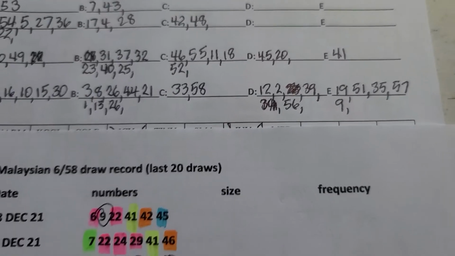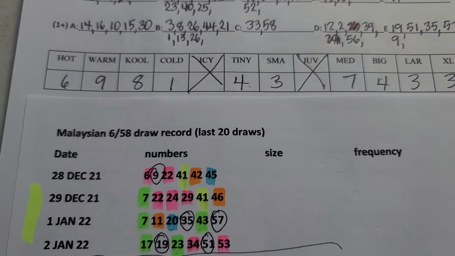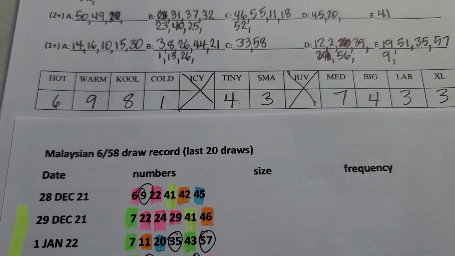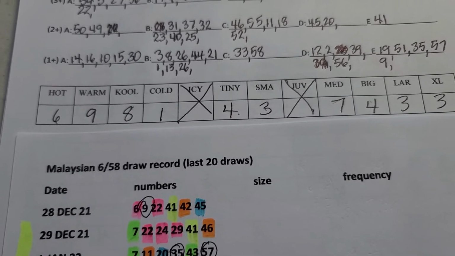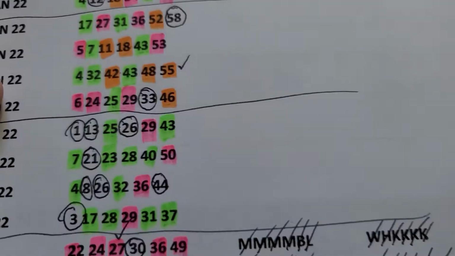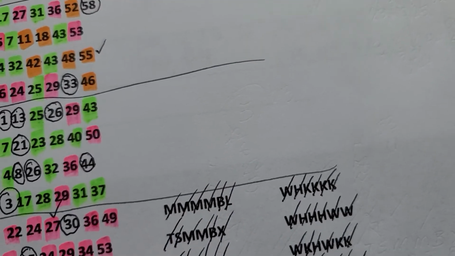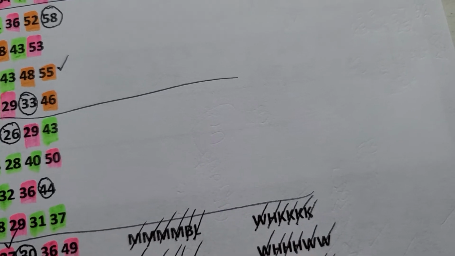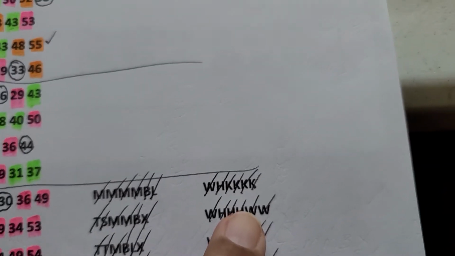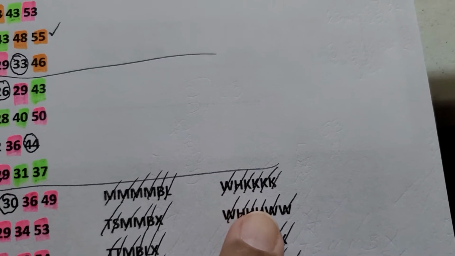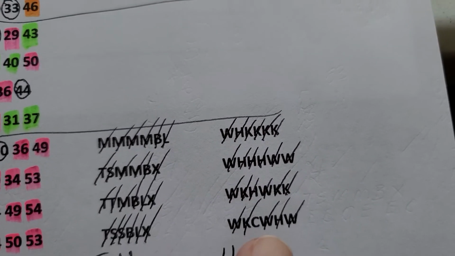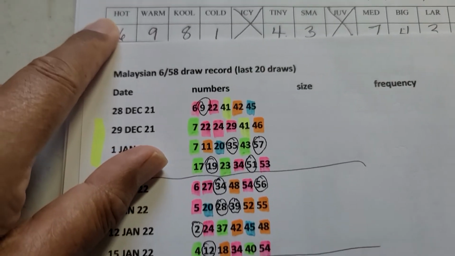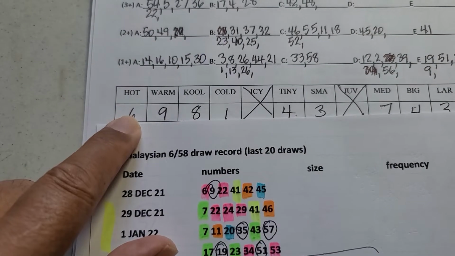Now comes the frequency and size of the numbers, and how many hots there were. Here we take a look at how many H's showed up. If you count the H's, there are 6 here, so I write the number 6 up here.